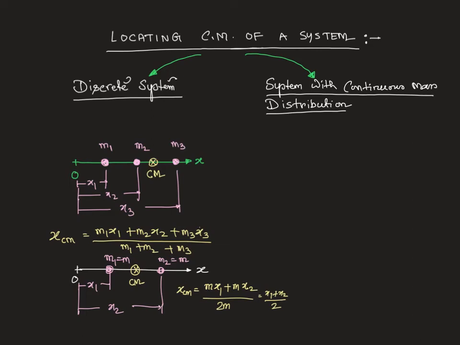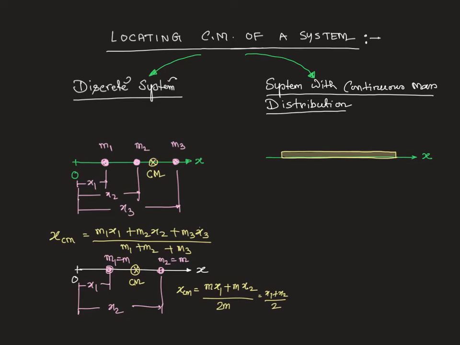I have shown the x-axis calculation only. Now suppose you have a continuous mass system. An example of a continuous one-dimensional mass system is a rod.